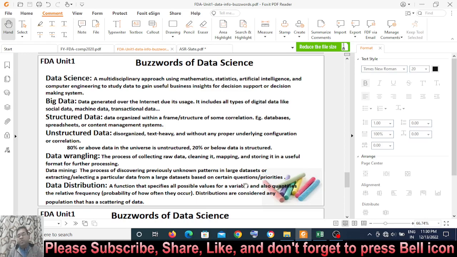It is a process of discovering previously unknown patterns in large data sets. You have a lot of data, and from that data you draw some particular data. Suppose you have the data of all 139 crore people of India, and first you extract the people with an annual income above 2 lakh rupees, and you get thousands and thousands of people, actually crores.